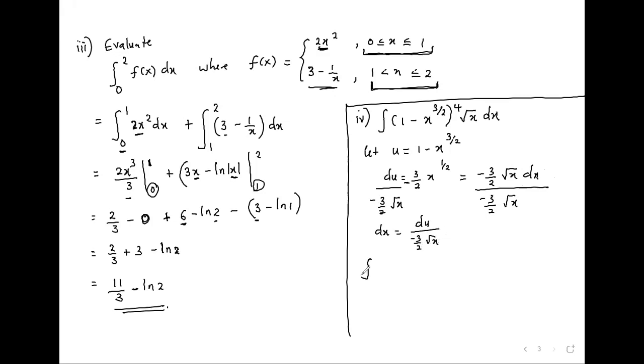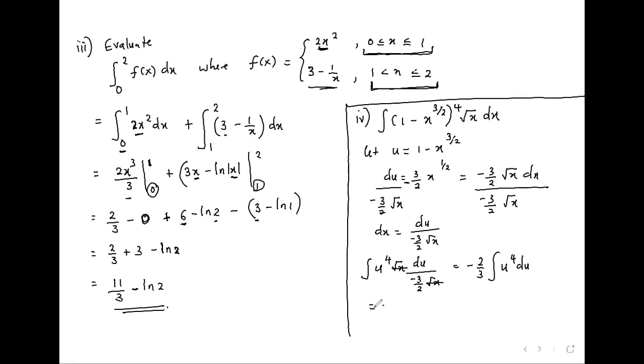So now we have the integral of u to the power 4 root x dx, where dx is du over minus 3 over 2 root x. So this root x and this one will cancel. What do we remain with? We can take this guy outside as minus 2 over 3. Then integral of u to the power 4 du.